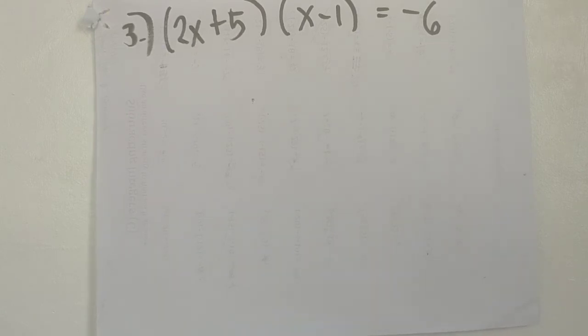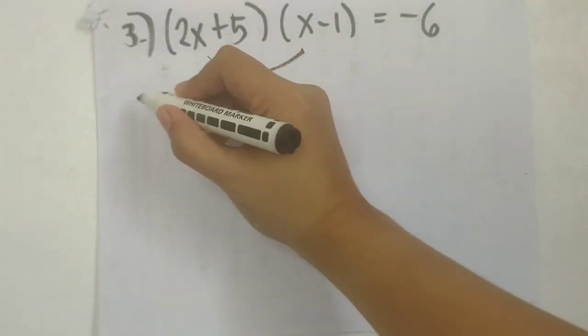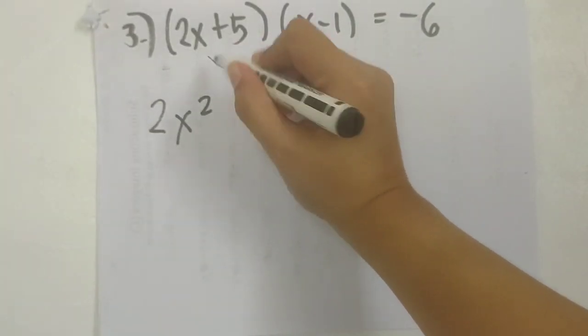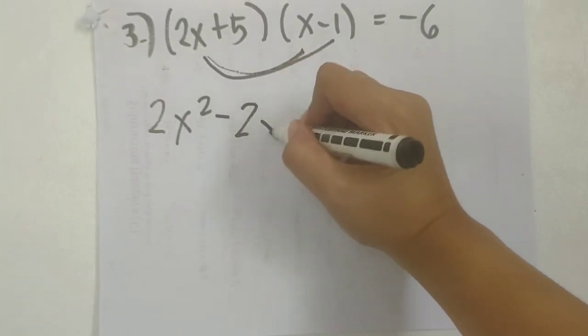So, we have here the quantity of 2x plus 5 times the quantity of x minus 1 is equal to negative 6. So, let us change first it again to standard form. So, using FOIL method, so 2x times x, we have here 2x squared. Next, 2x times negative 1, we have negative 2x.